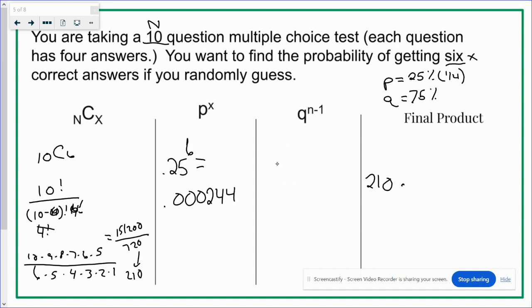All right, and now Q, 0.75 raised to, again, that should say n minus x, to the 10 minus 6, which is 4. 0.75 raised to the 4th is, oh, I put to the 5th, not to the 4th, 0.316. There's decimals after that, but we're just going to round it off.